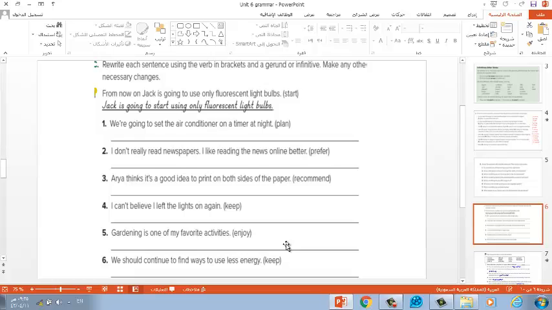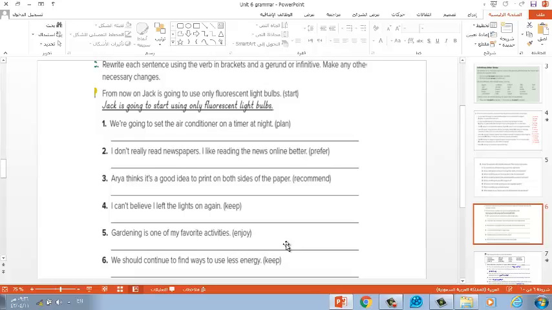I don't really read newspapers. I like reading the news online better. So here we say, I prefer reading newspapers online to reading the paper newspapers. Arya thinks it's a good idea to print on both sides of the paper.